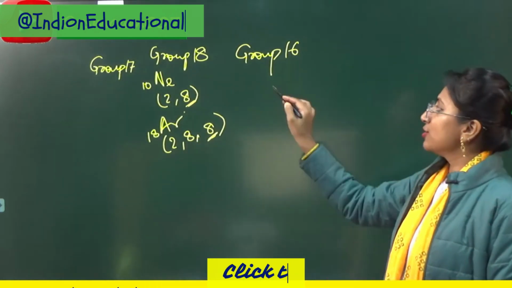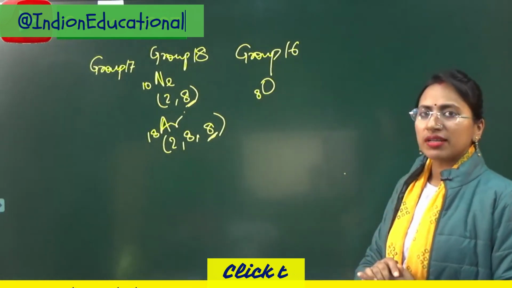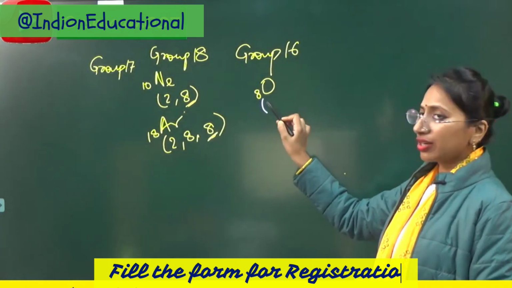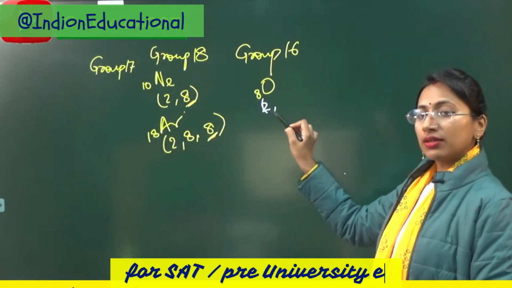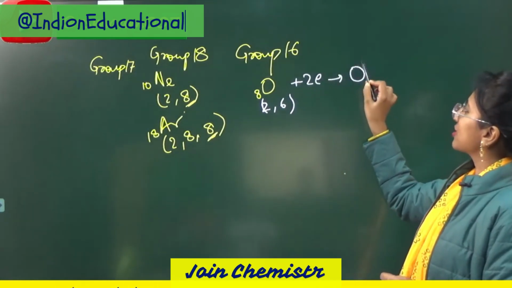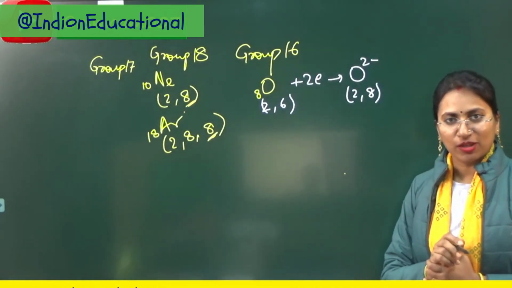For the element oxygen, how many electrons are there? 8. Can you tell me its electronic configuration? 2, 6. Very nice. So if we add 2 more electrons, it will be like this. Got my point?